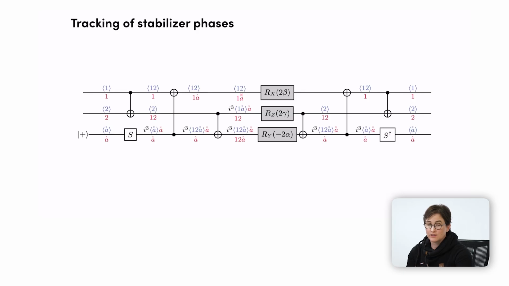For that, the only thing we need to add to the tracking is the so-called stabilizer phases, which also come with an action of the Clifford gates on them. For instance, you get this little i over here because of the S gate we have, the C0 acts trivially.